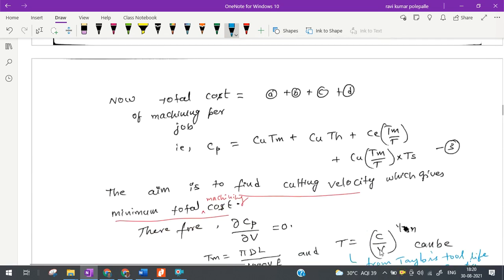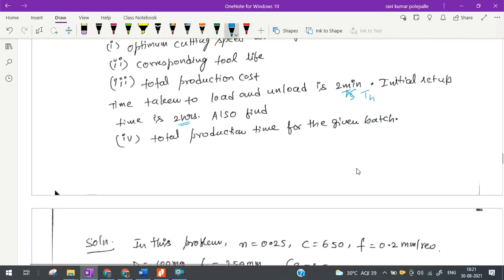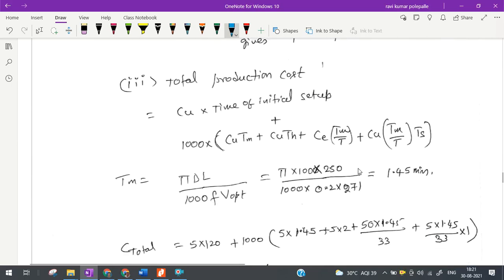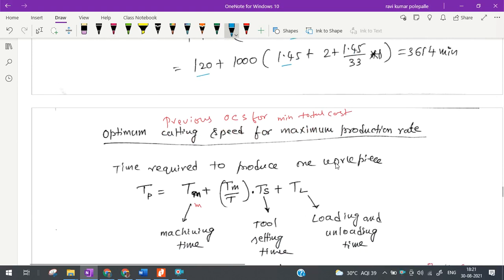This model 2 tells about how we can obtain the cutting velocity for maximum production rate. So this is Gilbert's model 2.